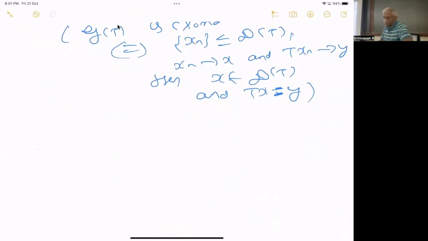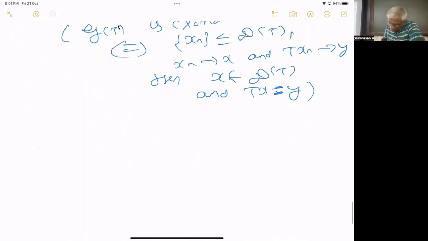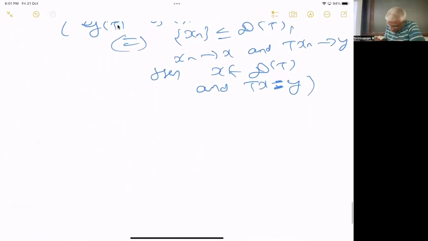So what is next? Let us determine what T star is, given a T. Proposition.